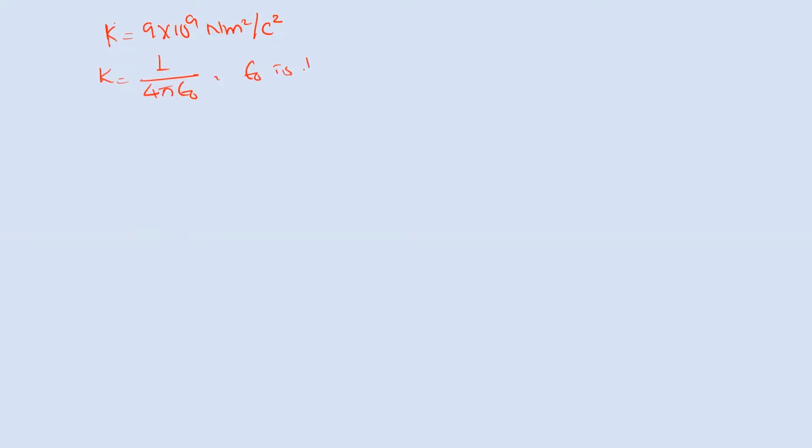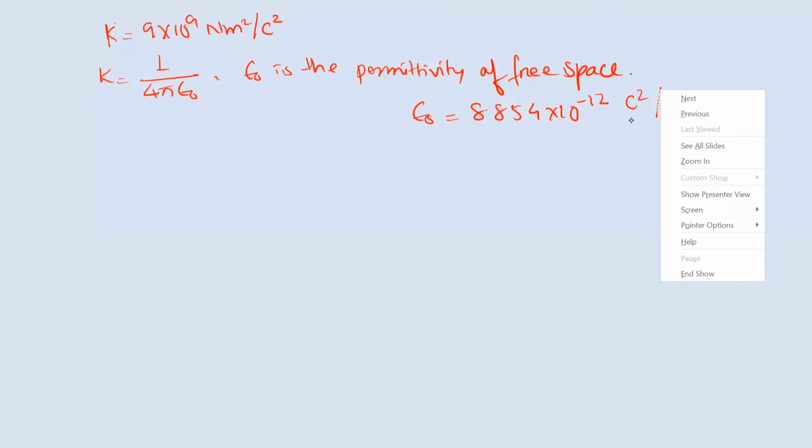Here epsilon naught is the permittivity of free space, and its value is 8.854 into 10 to the power minus 12, with the unit Coulomb square by Newton meter square.